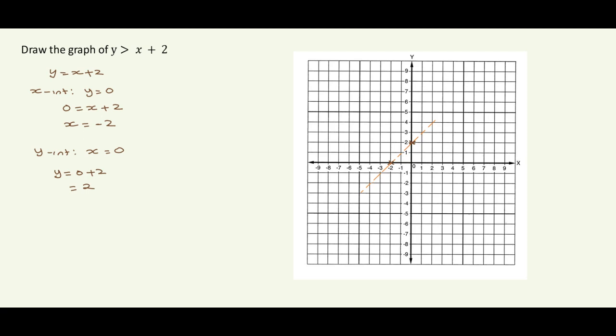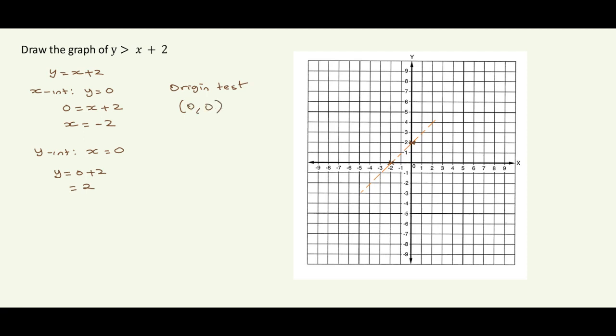And then the next thing we want to do is, if it's greater than, generally for straight lines, above the line is greater than, below the line is less than. Another way to test this is we have the origin test. So we're going to use the point 0, 0 and plug it into the inequality.